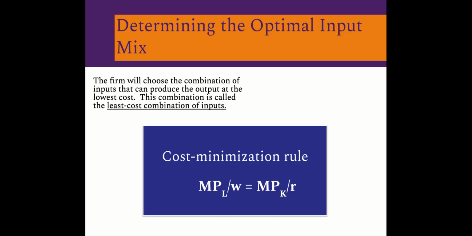When those two numbers equal each other, we have the cost minimization. Okay, so cost minimization, different from profit maximization. This is minimizing your cost by combining inputs.